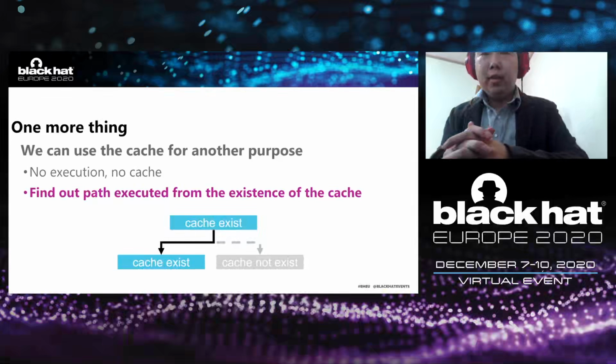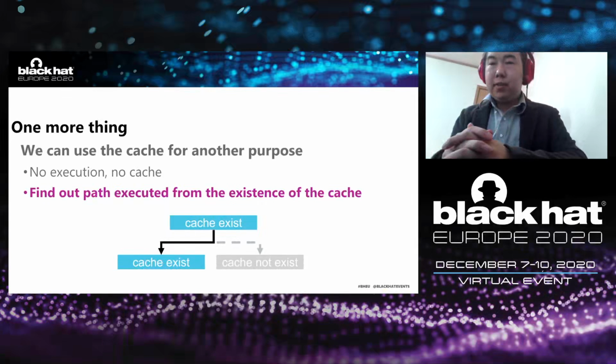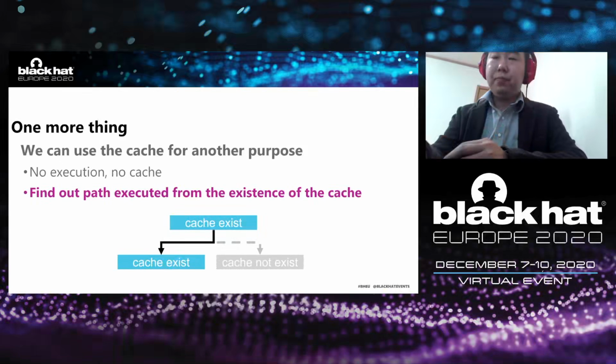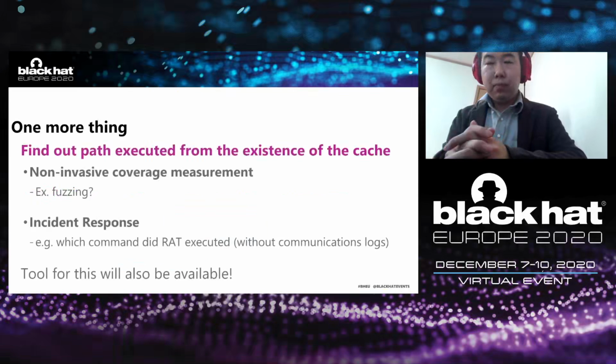One more thing, we can use the cache for another purpose. The cache is generated only for the path actually gone through. So we can find out the path actually executed from the existence of the cache. There are two use cases. First, dynamic but non-invasive coverage measurement.